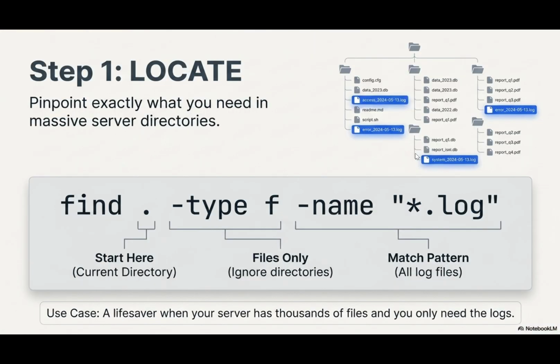So step 1, locate. The first thing is you have to know where that log is located. For that, the find command is the most powerful command you can use. And here is the syntax given on the screen. You can see the dot just after find is the starting or current directory from where you are going to start your search.